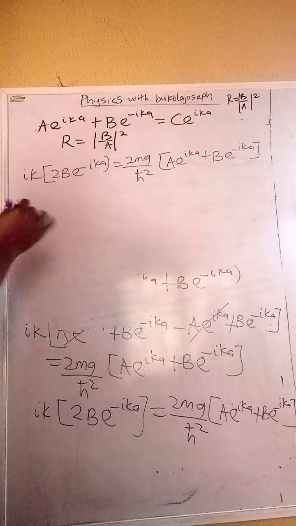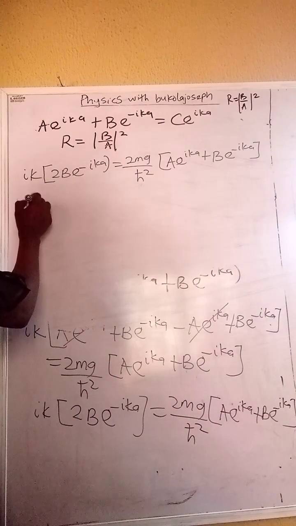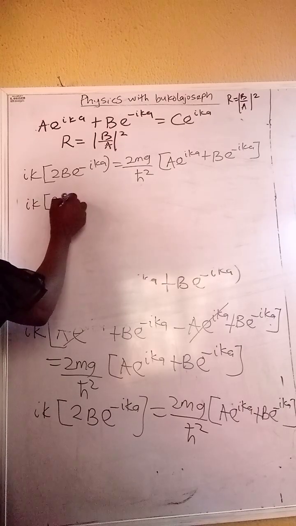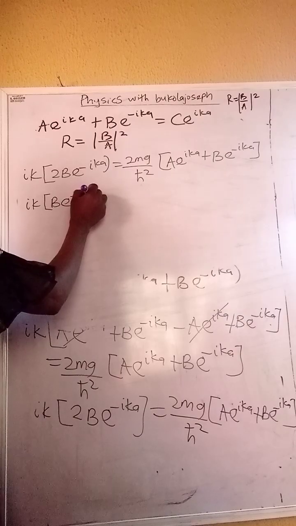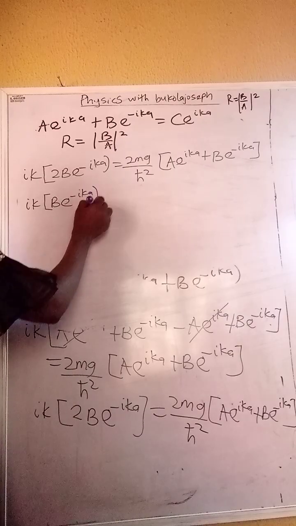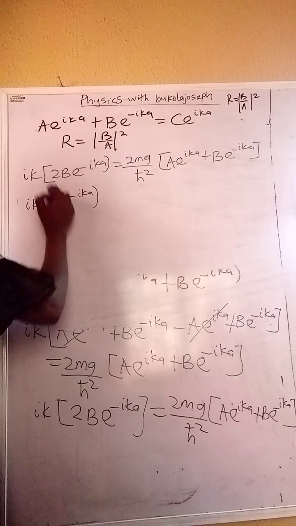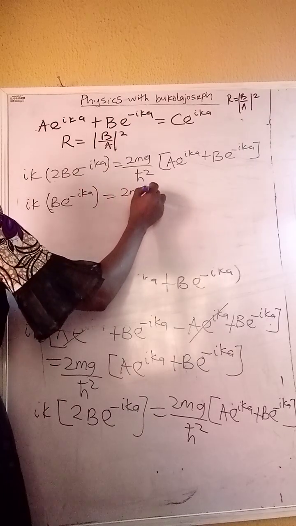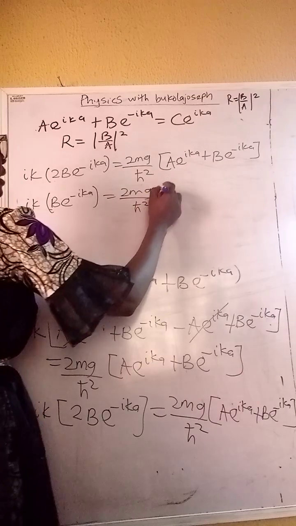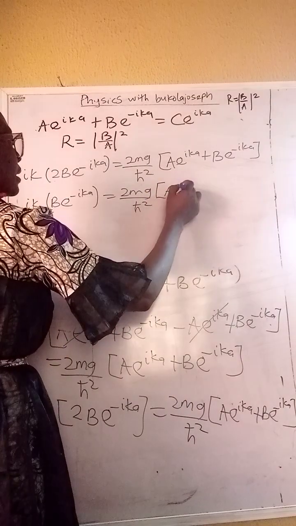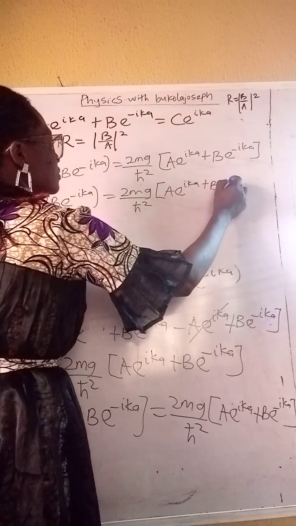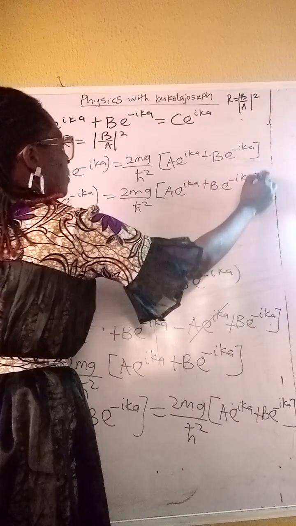If we divide both sides by 2, we'll be left with ik B exponential minus ika is equal to mg over h cross squared, A exponential ika plus B exponential minus ika.